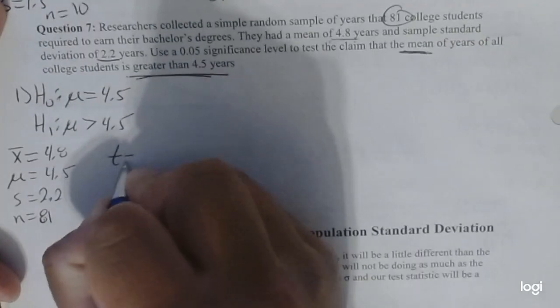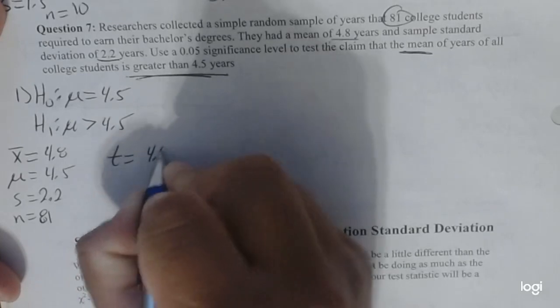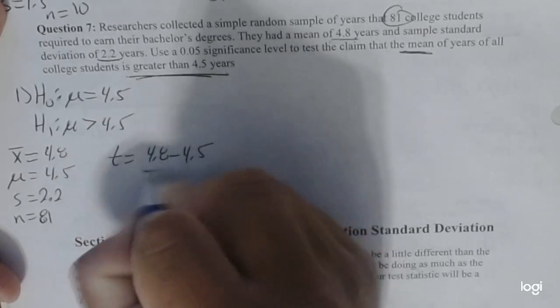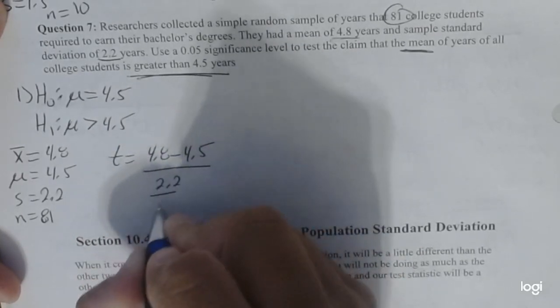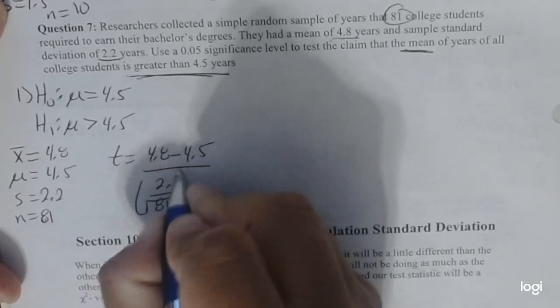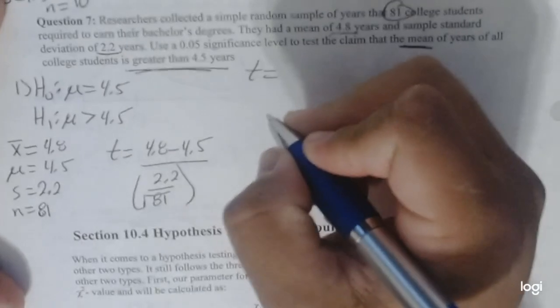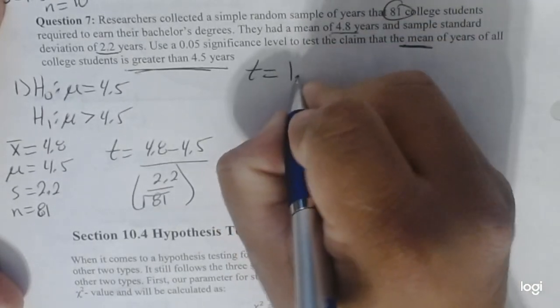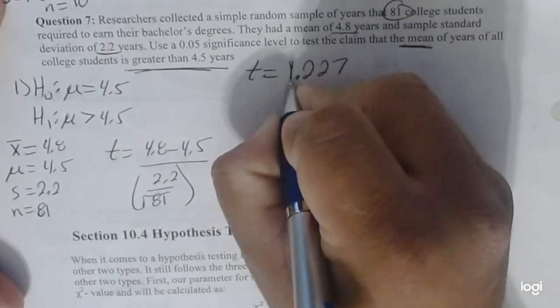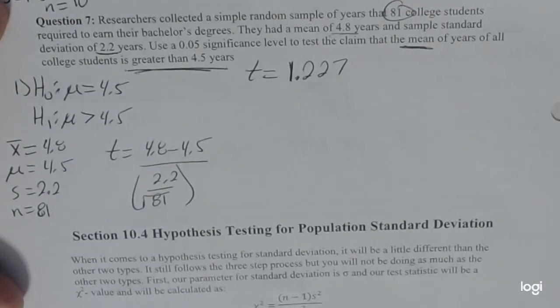So find our t-value. It's going to be 4.8 minus 4.5 divided by 2.2 divided by the square root of 81. So you should get a t-value of roughly 1.227, approximately.